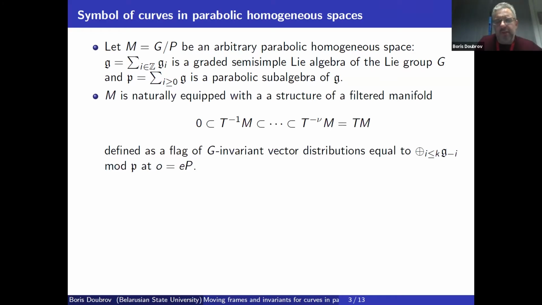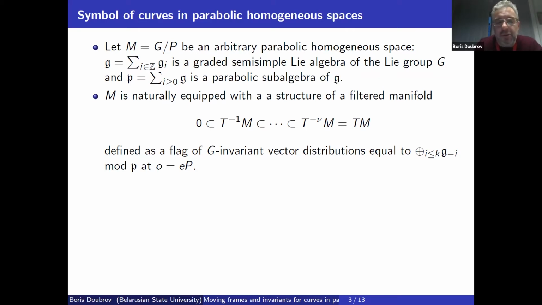I recall that we have this filtration on our manifold, and so we would want to study curves on such a manifold. By curve, I always mean non-parameterized curves, so essentially one-dimensional submanifolds. Of course, a very first invariant, a numeric invariant or integral invariant, would be the smallest subspace in my filtration which contains tangent lines to my curve.